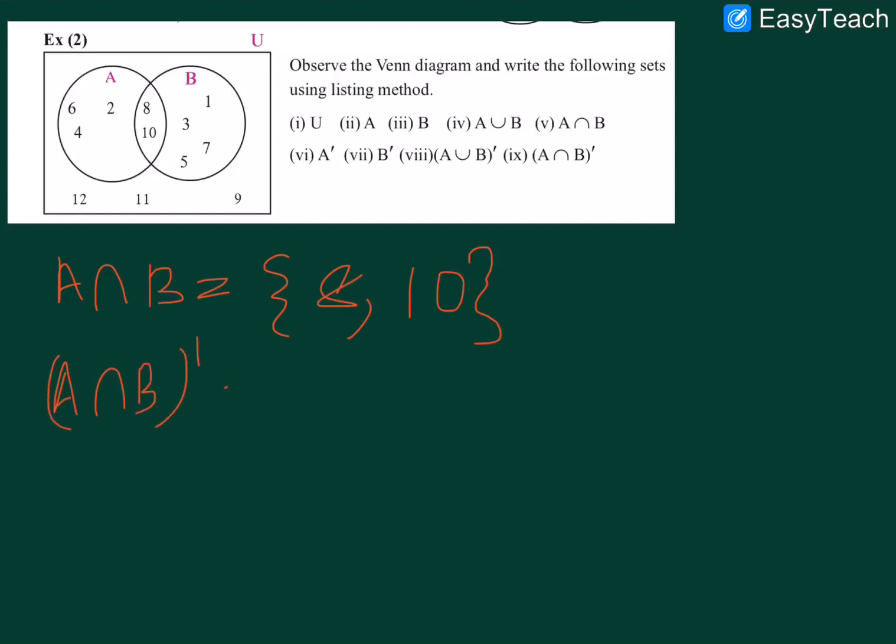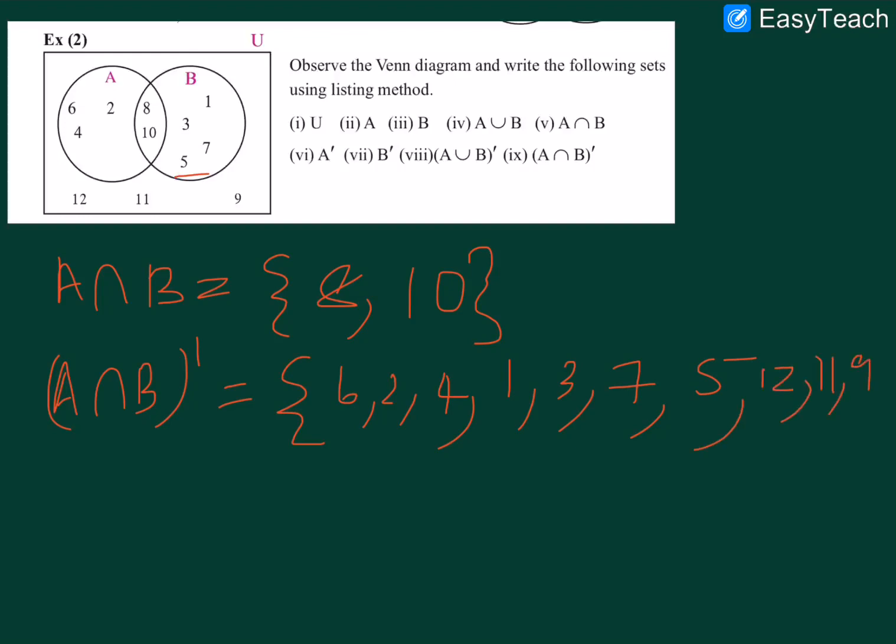It will be the set of all the elements inside U that are not in A intersection B. So that is 6, 2, 4 and the rest, 1, 3, 7, 5 and 12, 11 and 9. So this will be (A intersection B) whole complement.